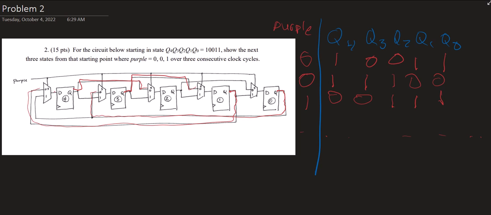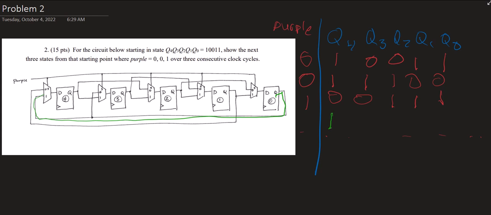Okay, now we have our last set here, and our last set goes along with purple being 1. And so now when purple is 1, we're going to be looking at what goes into the 1 terminal of each of these. So for Q4, what's going into the 1 terminal was Q0, which is 1.